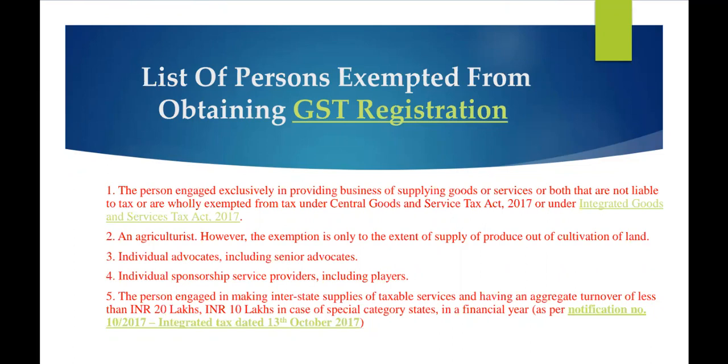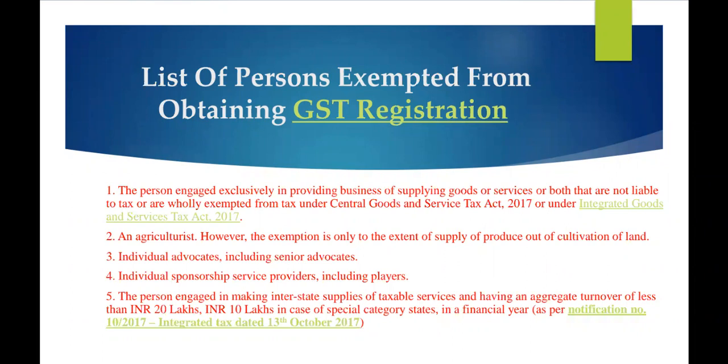But the product he is supplying should be from cultivation from the land itself. After cultivating, if he is processing it or doing some addition to it, such as processing, packaging, etc., then those will come under GST. Directly from the farm, field or land, if you are supplying those agricultural products to the market or other places, those are exempted, right?